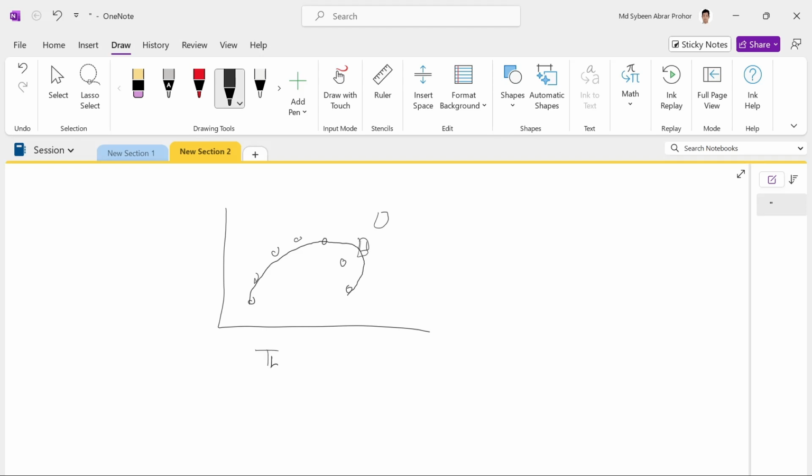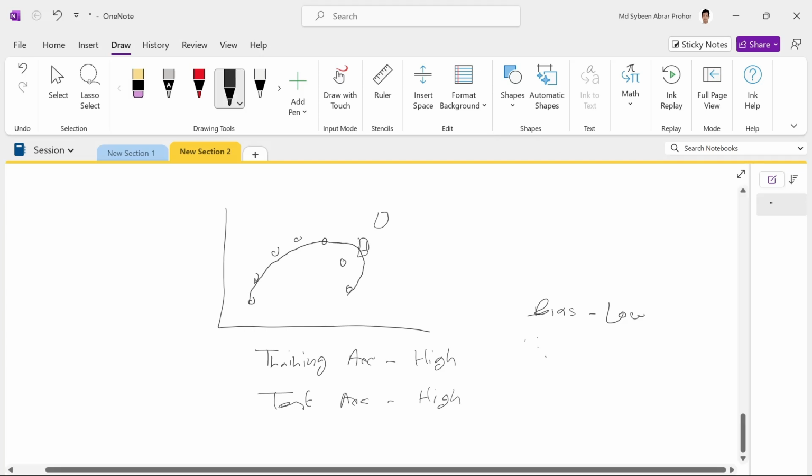So in this case, our training accuracy is high, our test accuracy is also high. So here bias is low, variance is also low. So this is an example of a good fit.